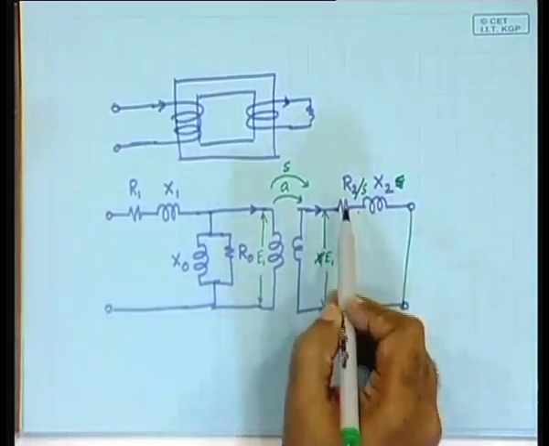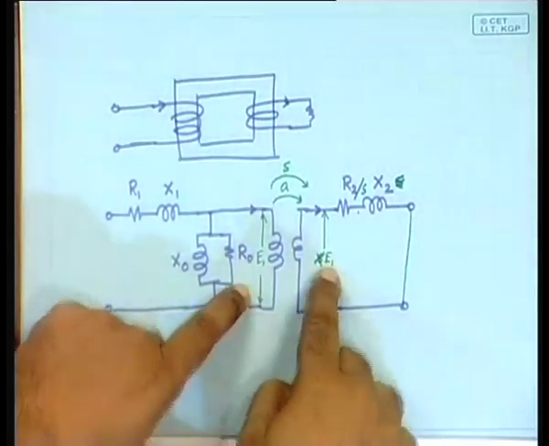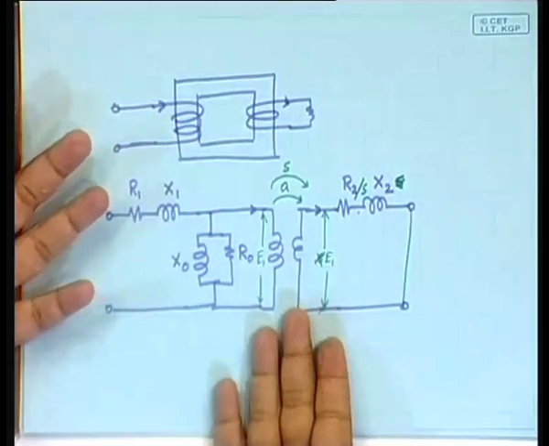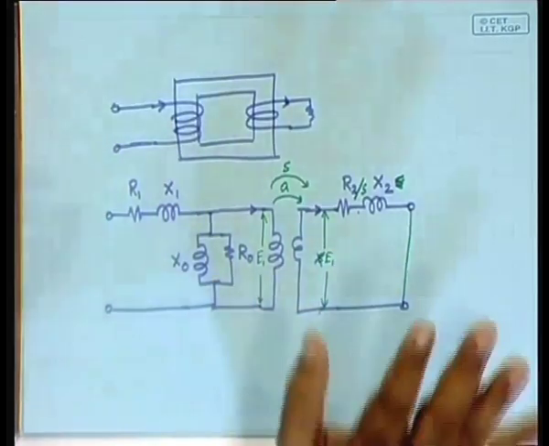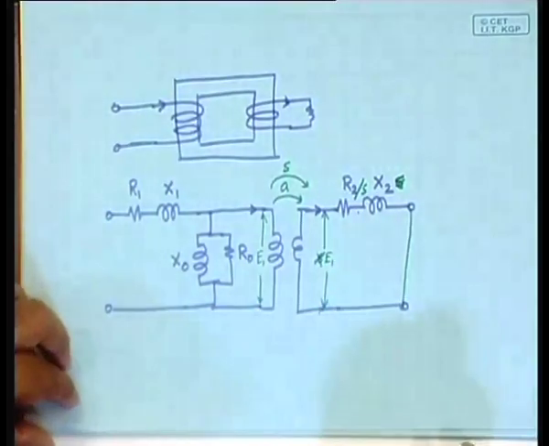Okay. So, if you do this, then here is E1, here is E1. So, I do not need the transformer anymore. Clear?